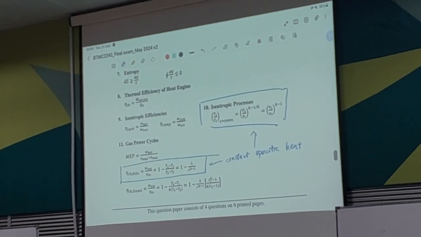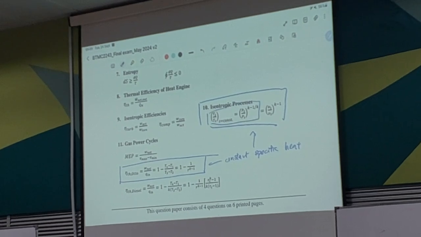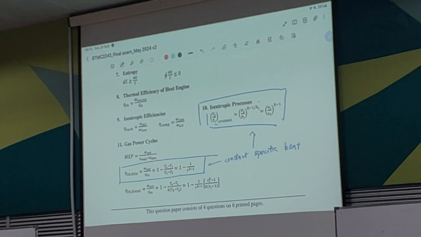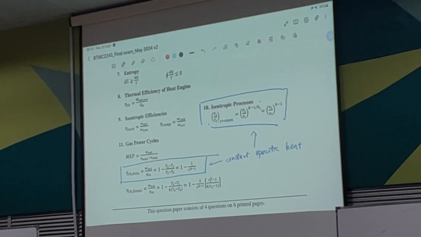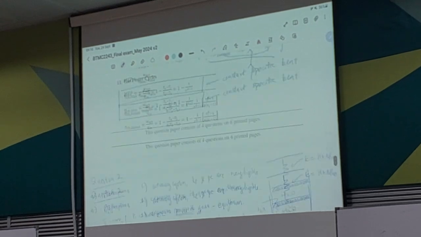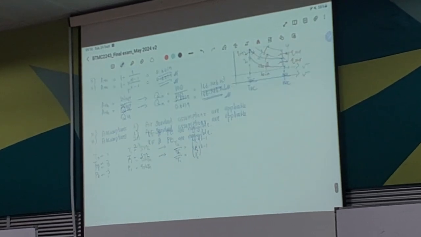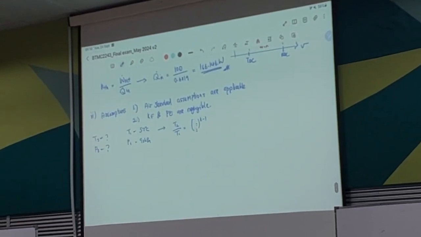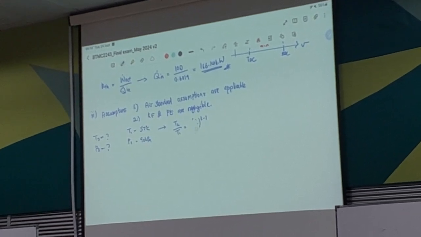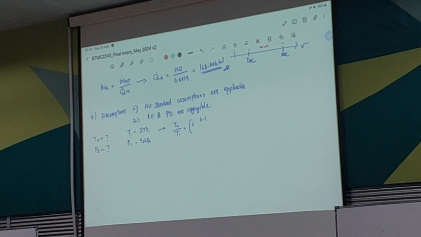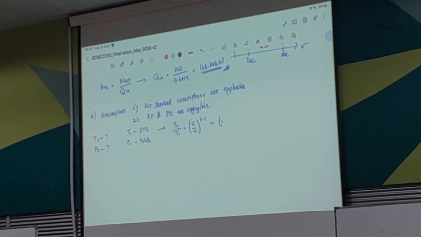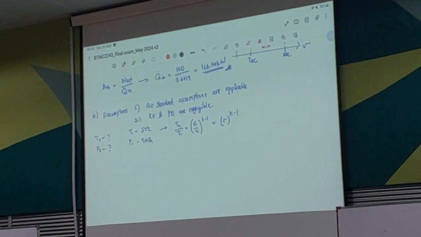So we have this relation here. Pressure ratio is actually another type of question, you don't use it here. We use the volume compression ratio. So this one is actually volume, I wrote it wrongly. So V1 over V2, which also means that this is just r to the power k minus 1.